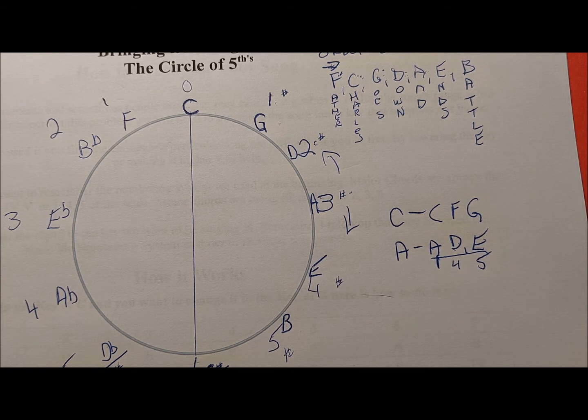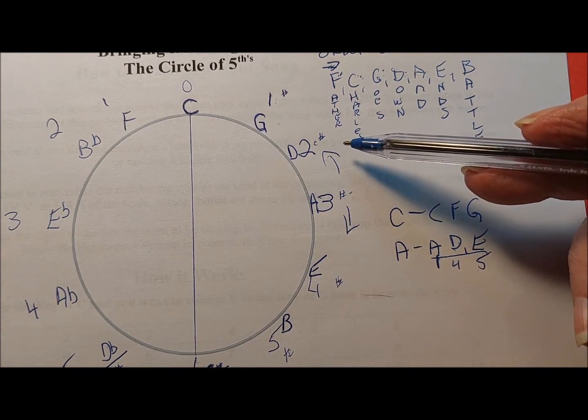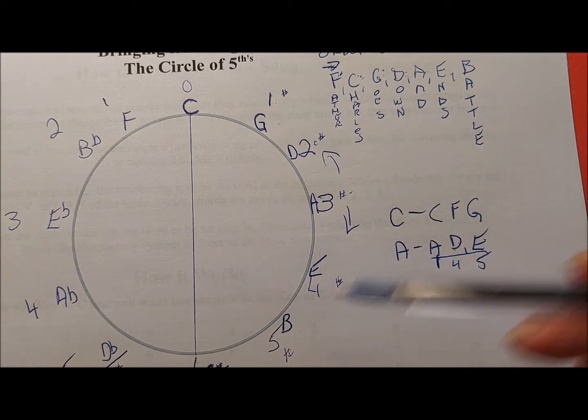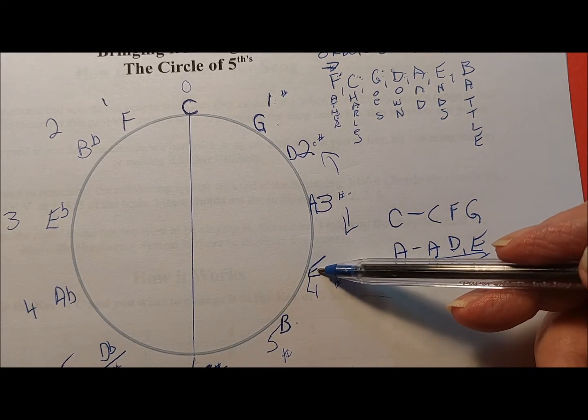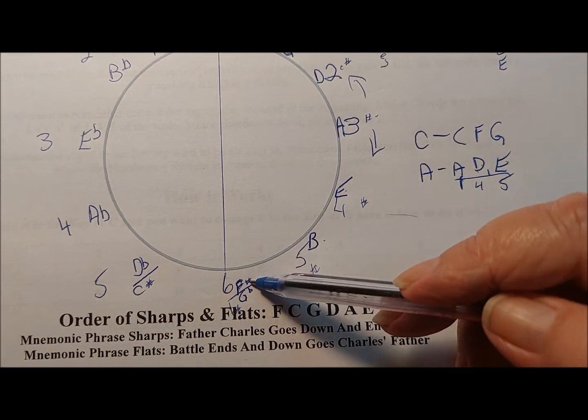You'll always know what your 1, 4, and 5 is, but we'll show you how to transpose it on another paper. But this can help you to transpose, because you know your fourth is always, if I'm at B, my fourth is going to be E, and my fifth is going to be F sharp.